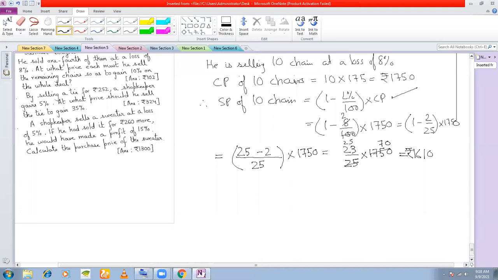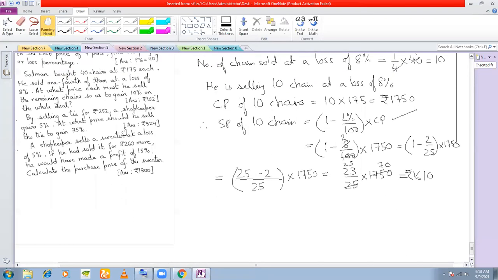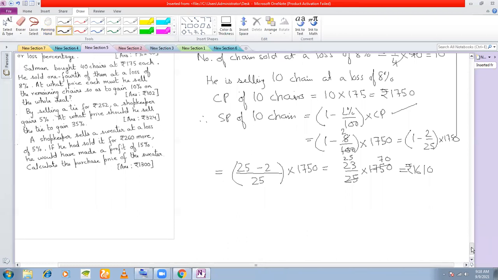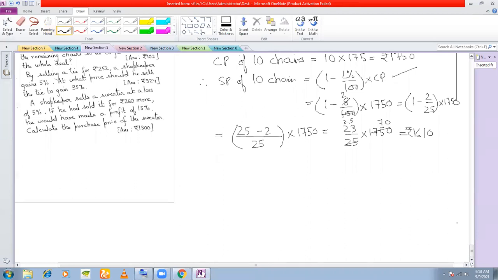Now see what is given in the problem here. At what price must you sell the remaining shares to gain 10% on the whole deal? That means the remaining, how many shares remaining? There are 30 shares remaining.